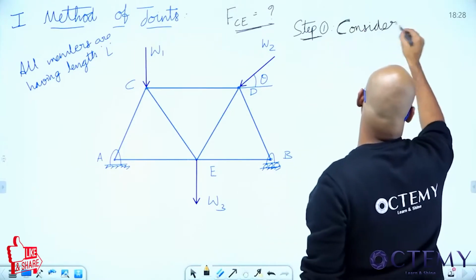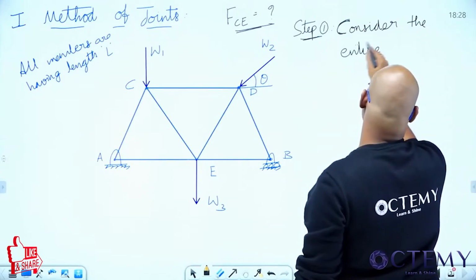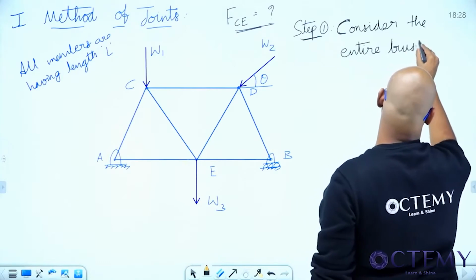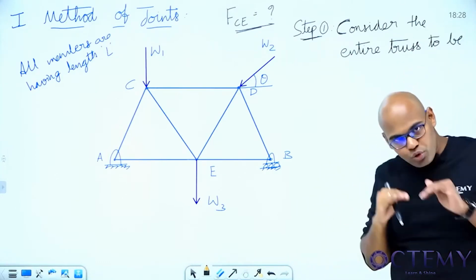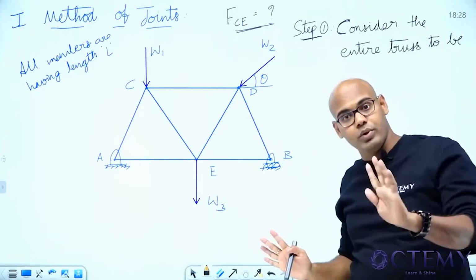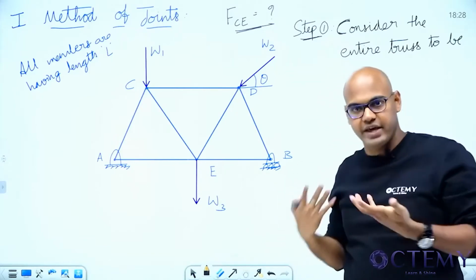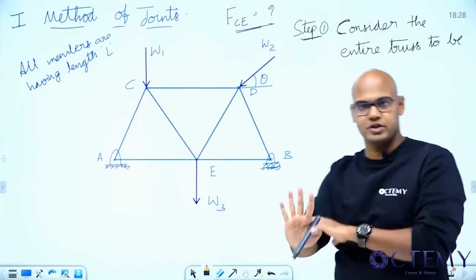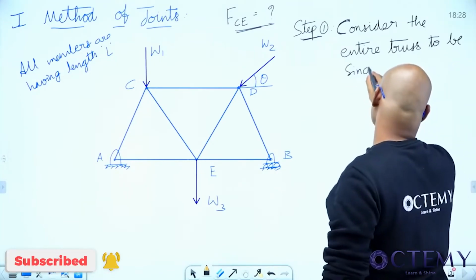Consider the entire truss to be a single body. Sir, what method am I going to do? This is the conventional method. First let me do it in the conventional method, but problems I will only do in a faster manner, like how to do it in the exam. But now let us learn the method.